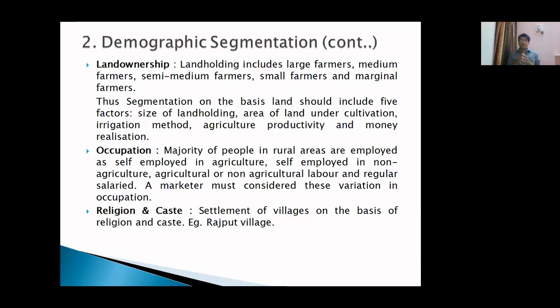Similarly, if people are using a technologically updated irrigation method, agriculture productivity is more, they will be having more productivity of crop, better income, and hence the requirement will be different from those who have less money.